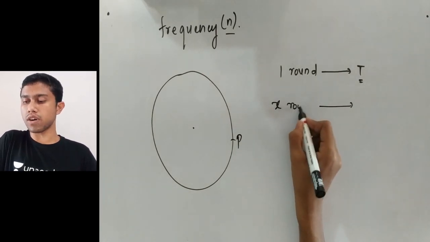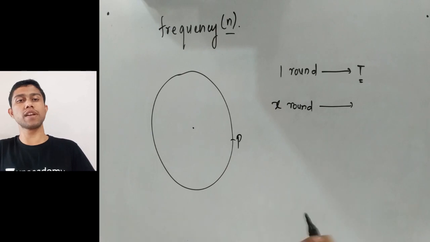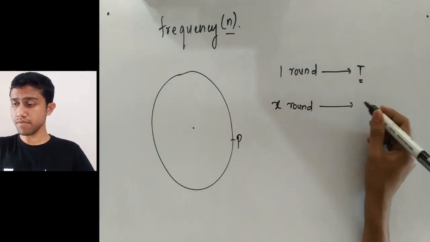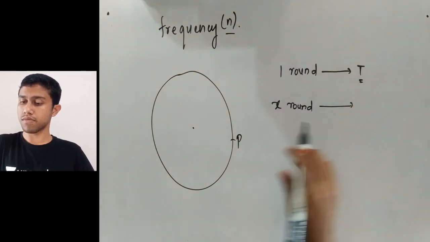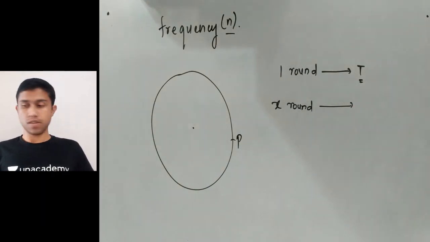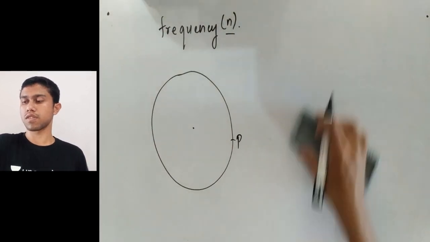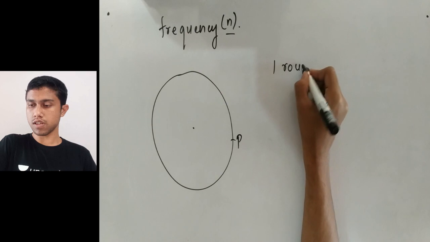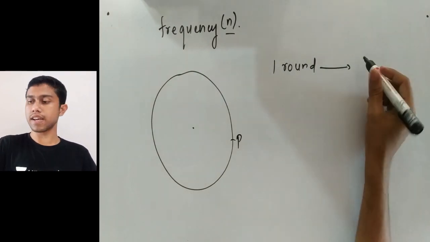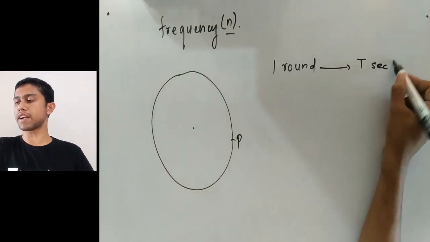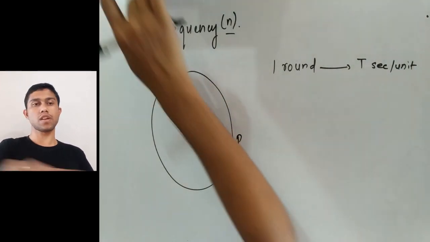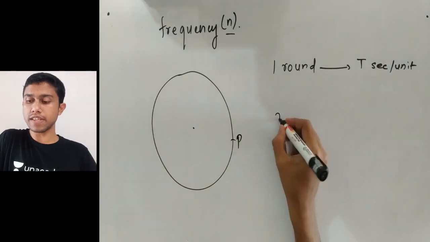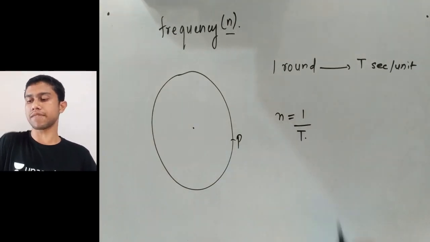So I will write X round. It may be half, it may be one, it may be any value. So now I know one round is completed in T seconds or T unit of time. So what is frequency? Frequency n is equal to 1 by T.